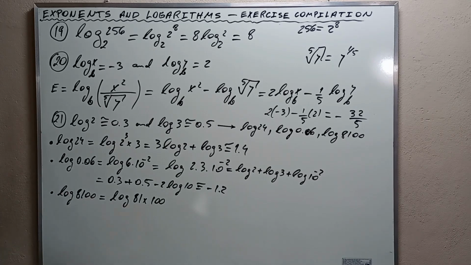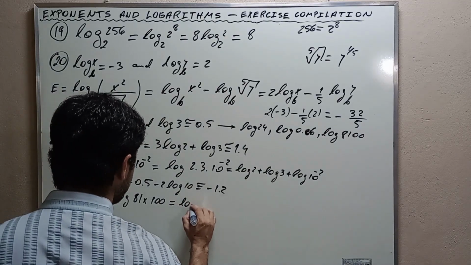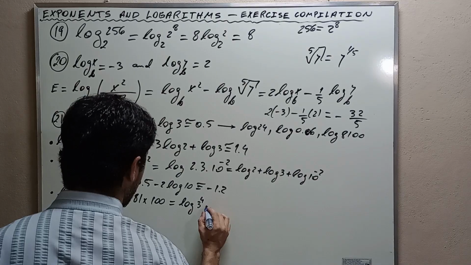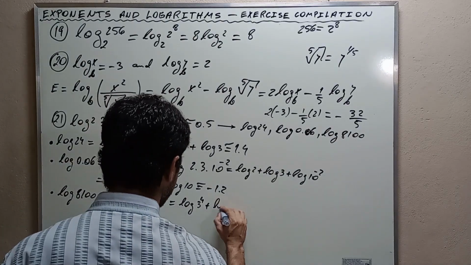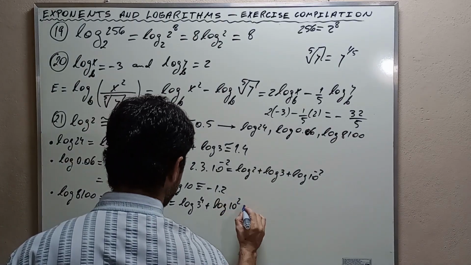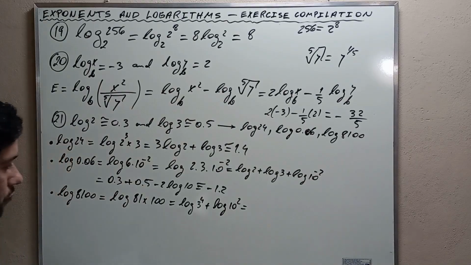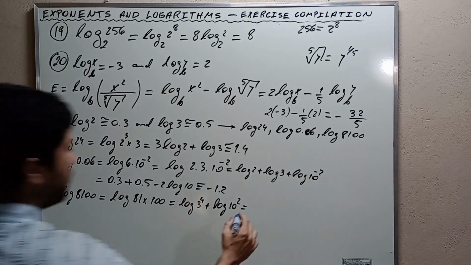Observe that 81 is 3 to the 4th, and observe that 100 is 10 squared. Okay? We pass this here multiplying.